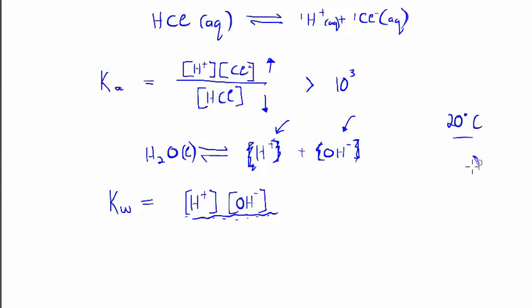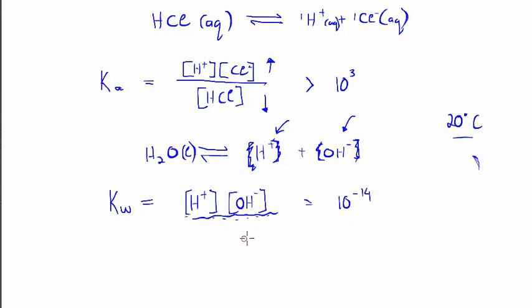At these temperatures, they've now done experiments, and they find that the Kw value is 10 to the power of negative 14. Now at different temperatures, this value will change. You can see it's a very small number, and we said if it's a small number, it's weak, because it doesn't dissociate a lot.